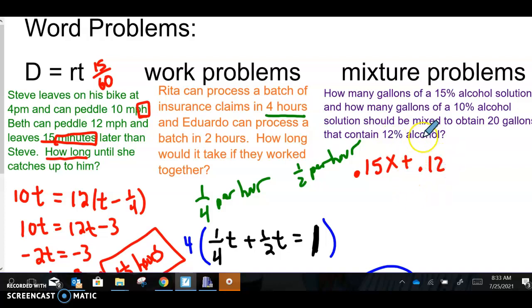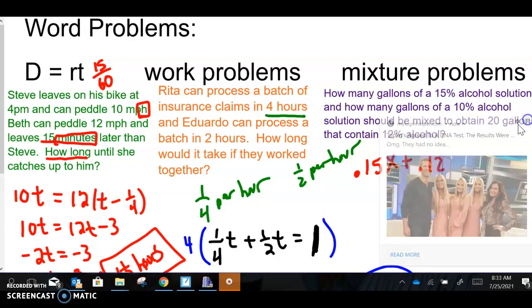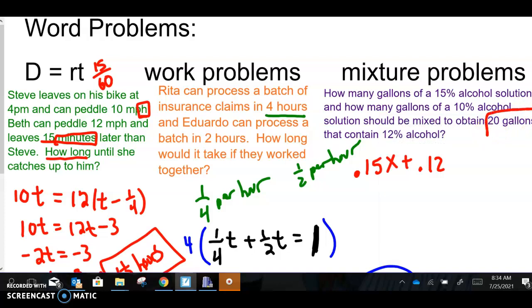I don't know how much that is either, but I do know that in the end, it has to add up to 20, right? When I put these together, I'm going to have 20 gallons of a 12% solution.